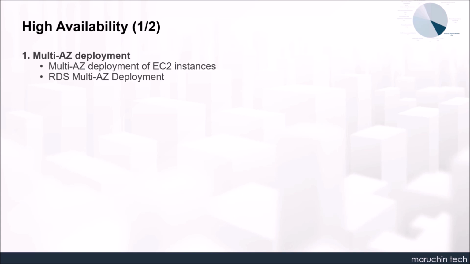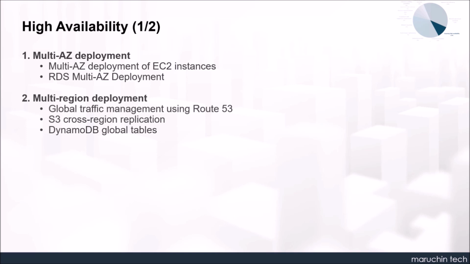For example, RDS instances can be configured with multi-AZ deployment. Additionally, multi-region deployment allows you to handle failure on a per-region basis. To ensure availability, it is important to eliminate the single point of failure and implement both multi-AZ and multi-region configurations.